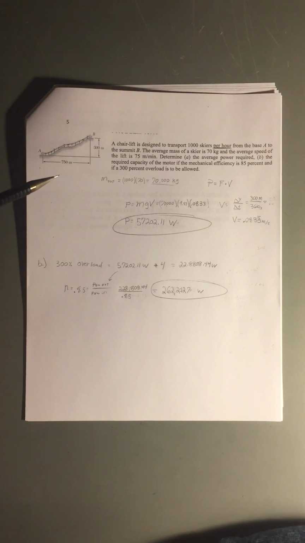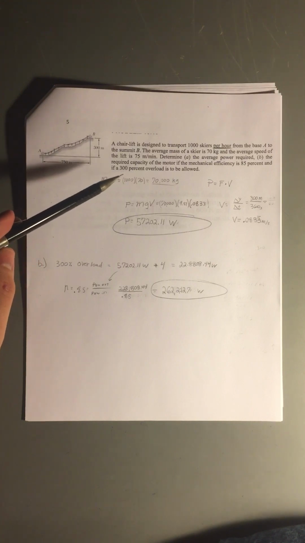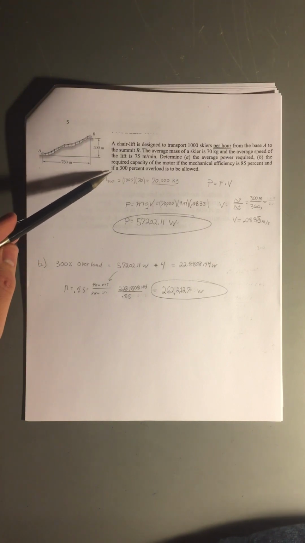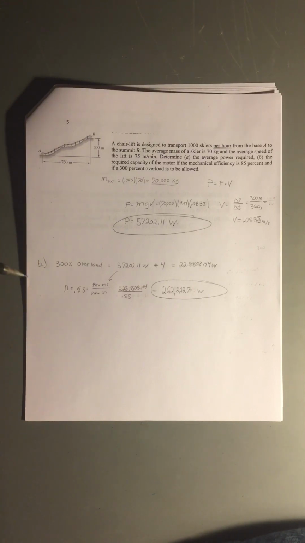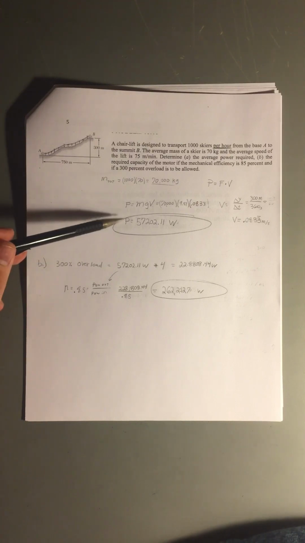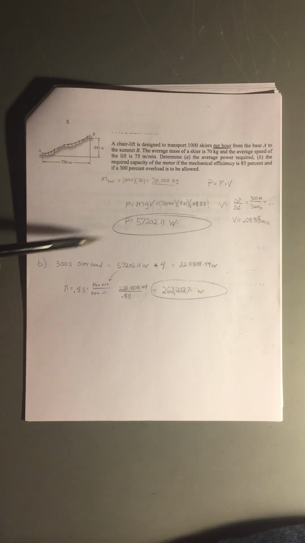And then part B is asking us to find the required capacity of the motor if the mechanical efficiency is 85%, and if 300% overload is to be allowed. And so the first thing we have to do is figure out that 300% overload. And so this is 100% right here, the power that we calculated, but we're going 300% overload on top of that.